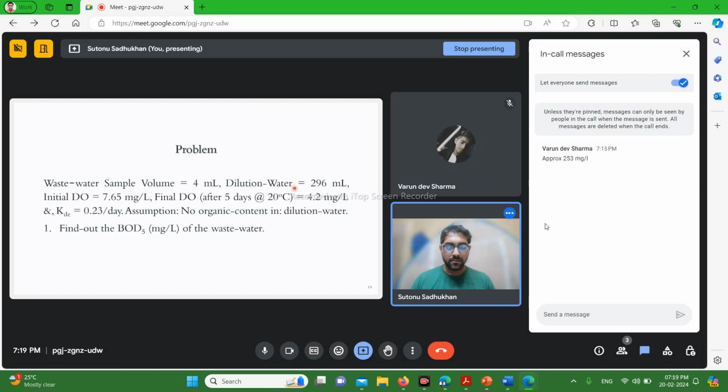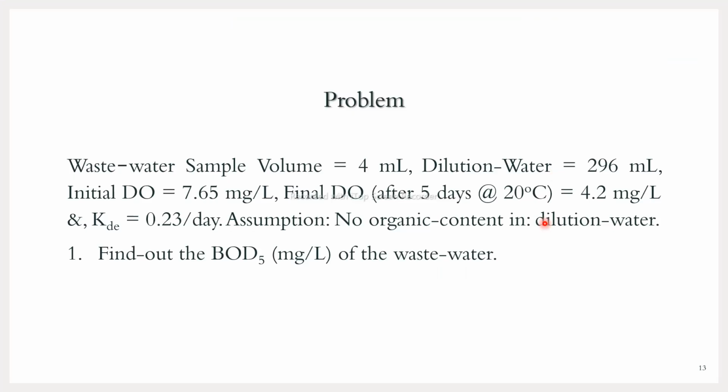Okay, Usha and Archana have left. So for the recording's sake, I will tell. While testing BOD, the 4 ml of wastewater is not used directly. A water which basically has zero BOD is used.